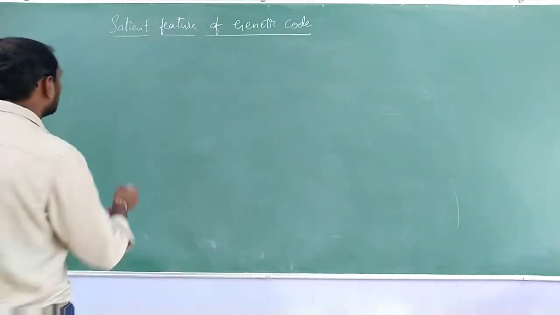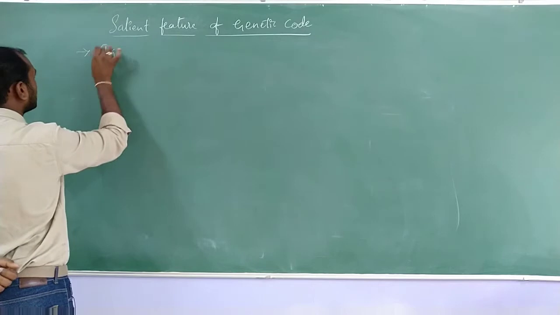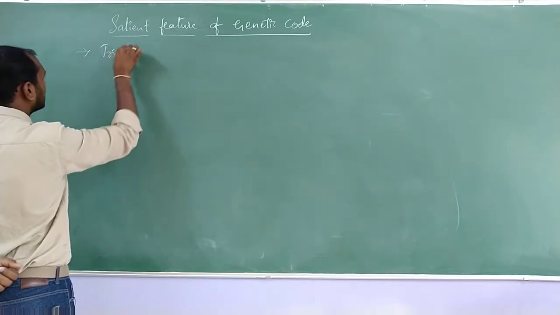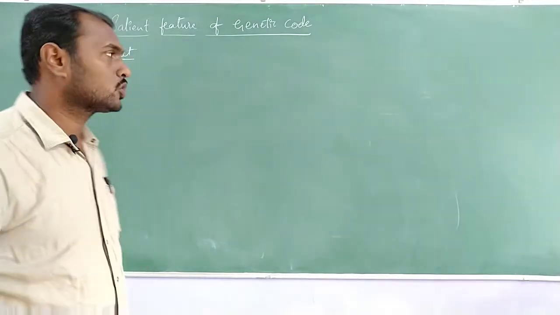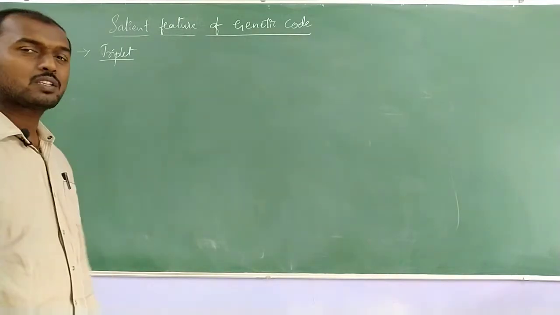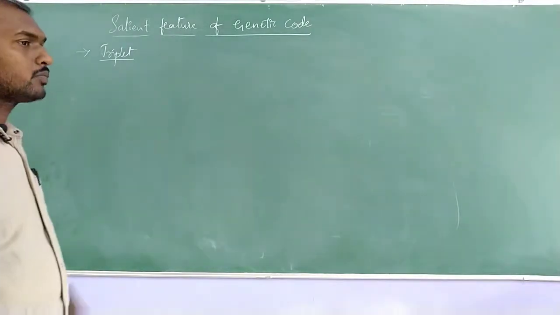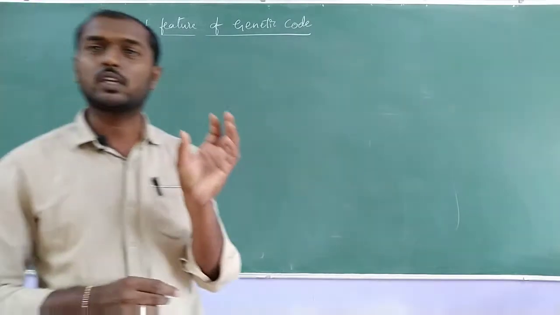So first thing, genetic code is triplet. So always they are triplet. So what do you mean by triplet? Genetic code is triplet means that the unit of genetic code is made up of 3 nucleotides.